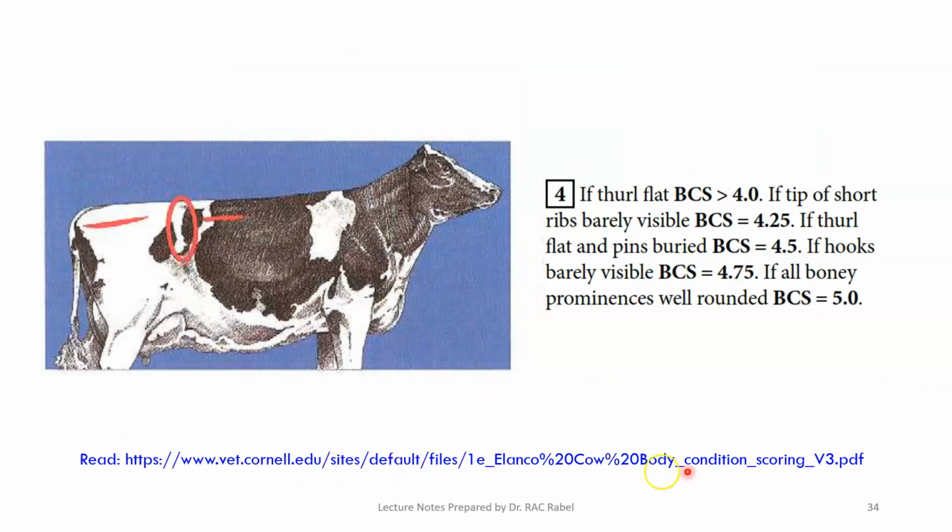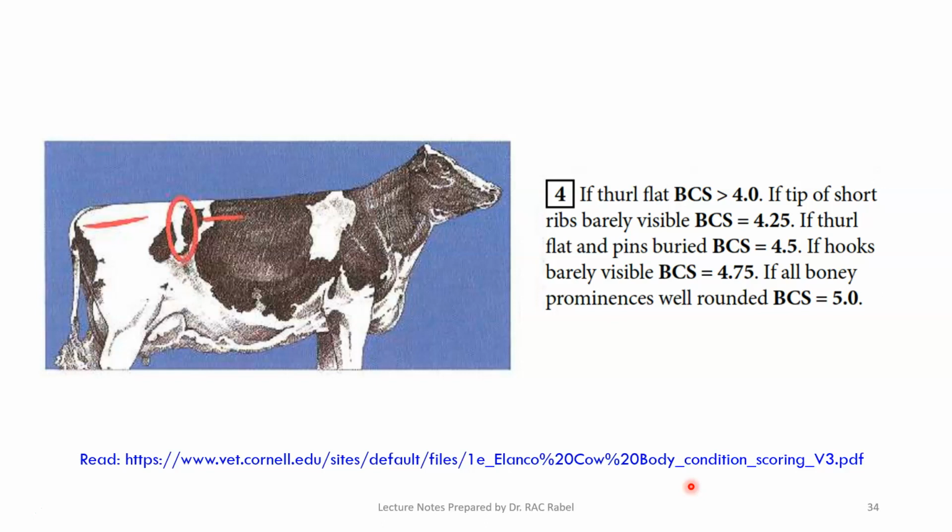So I strongly urge you to download this guide from this web URL, and to practice that at a farm until you're thoroughly familiar, because that's really important to be able to evaluate body condition score on a 0.25 scale, so that you can correlate all those with the key figures that I talked about.